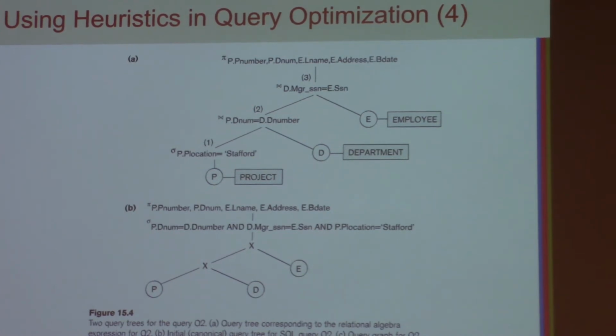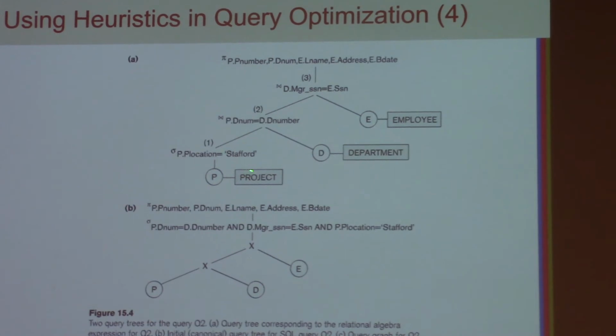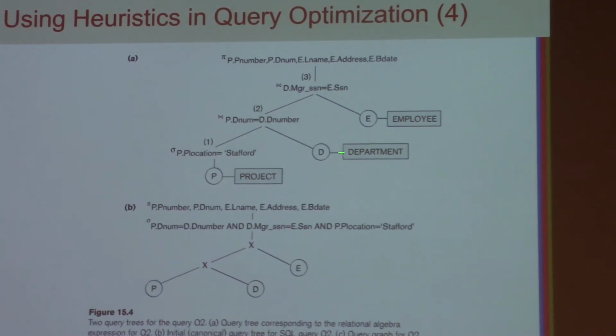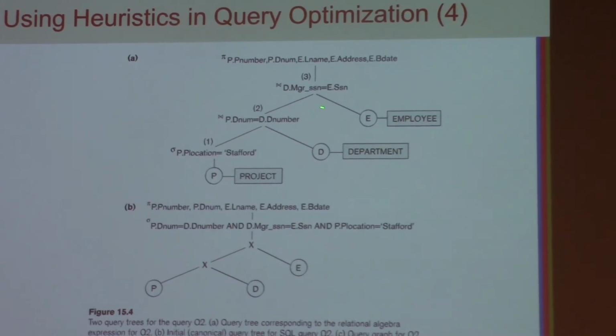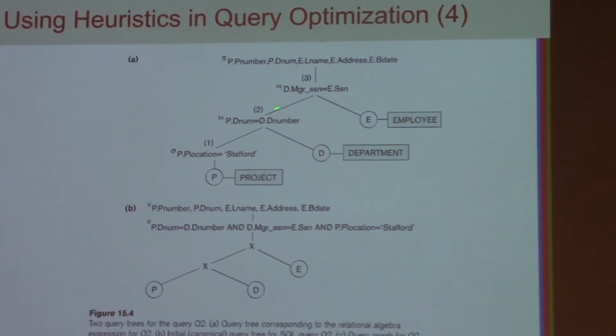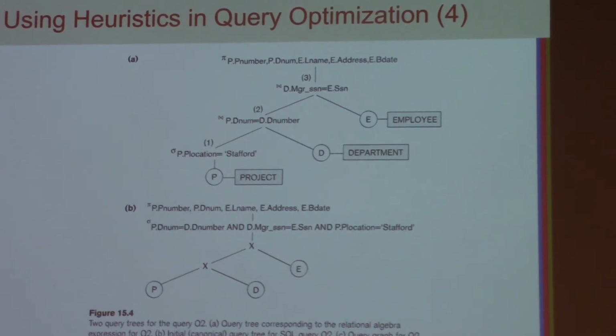Then it will take a longer time. Okay? Instead, if we rule out and only take the Stafford, then join only the department that joins with the Stafford, and then only the employees who are in this department. Then how many rows in the memory? It's very few. Compared to this one, much faster.